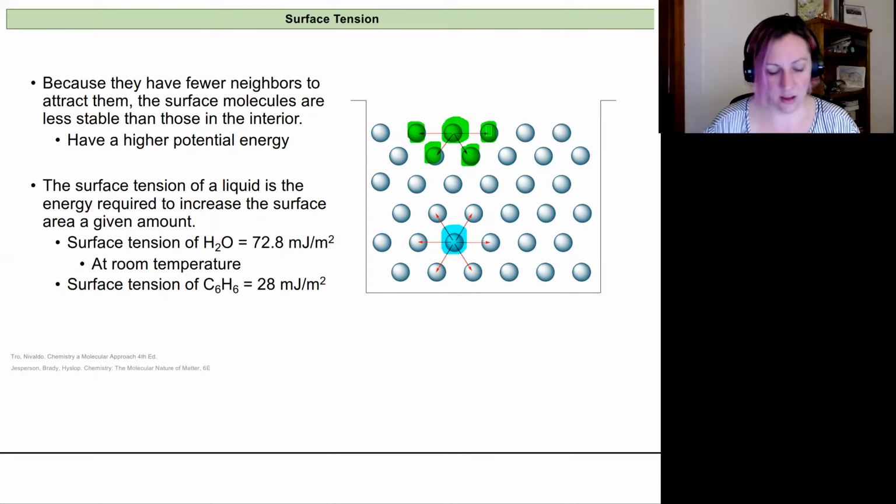Whereas something on the interior is going to be completely surrounded by other molecules or atoms in the liquid, because it's not on the surface. And so the one in the interior has more intermolecular forces between it and other molecules. So it has more of those IMF interactions.